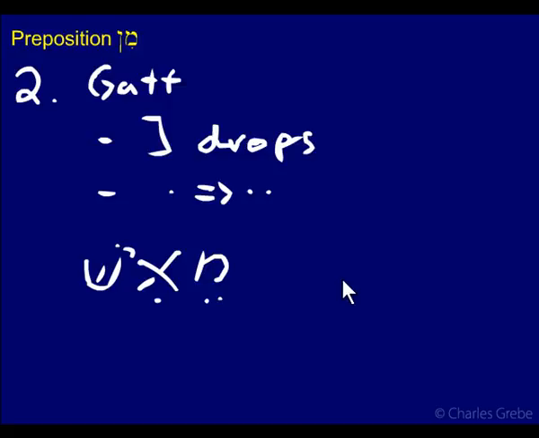Now, this also happens incidentally with the article. If you have an article on something like ha'ir, the hey of the article, this is a comment by the way, the hey of the article is a guttural, and so you get the same behavior.